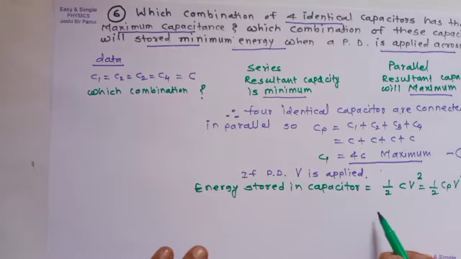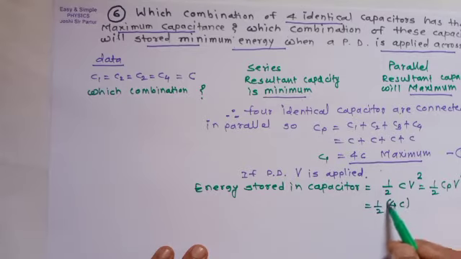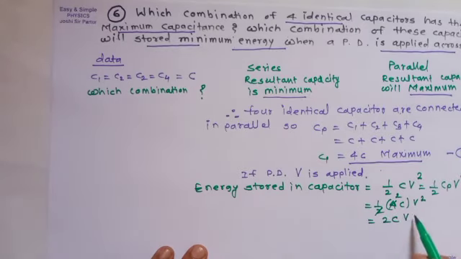So it is half into 4C into V square, that is 2 C V square, the maximum energy which can be stored.